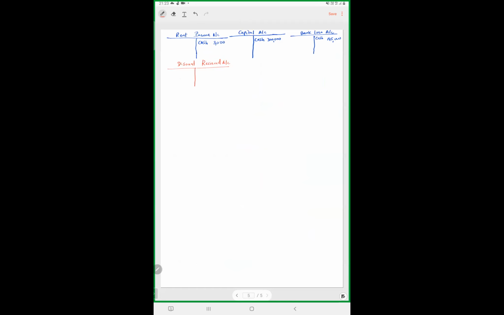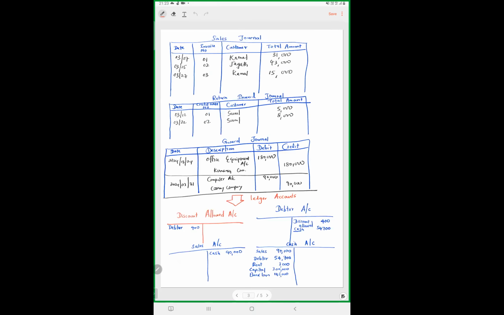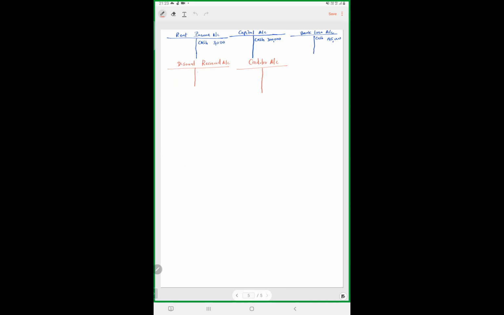We are receiving discount from the creditors, so you need to create the creditor account as well. How much discount? 800. So discount received account credit, creditor 800. Creditor account debit, discount received 800.